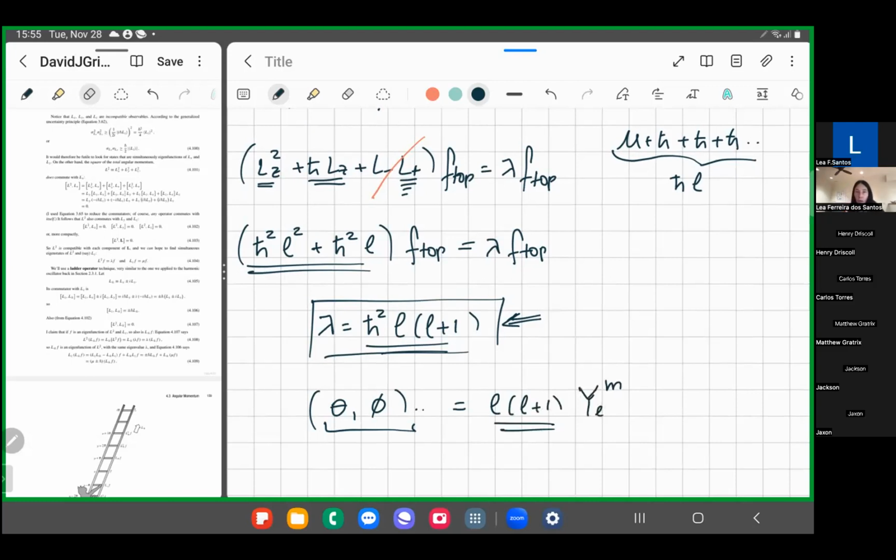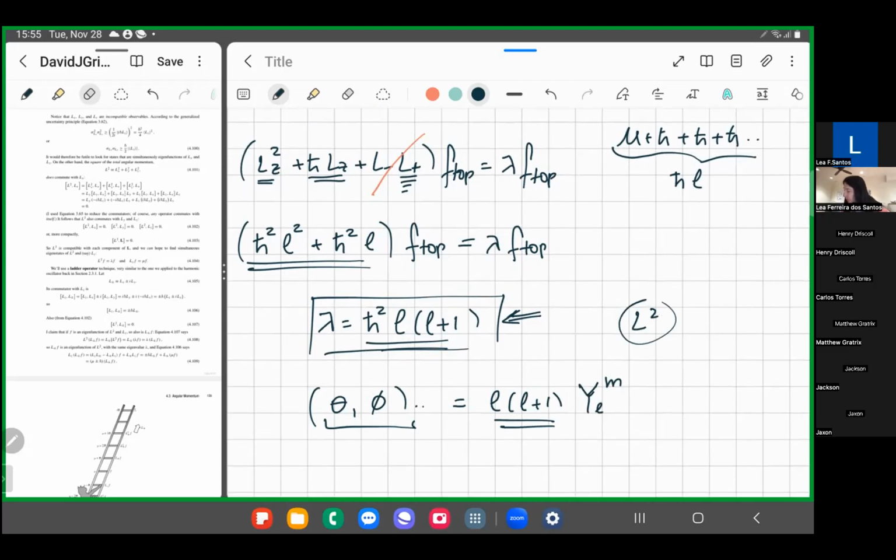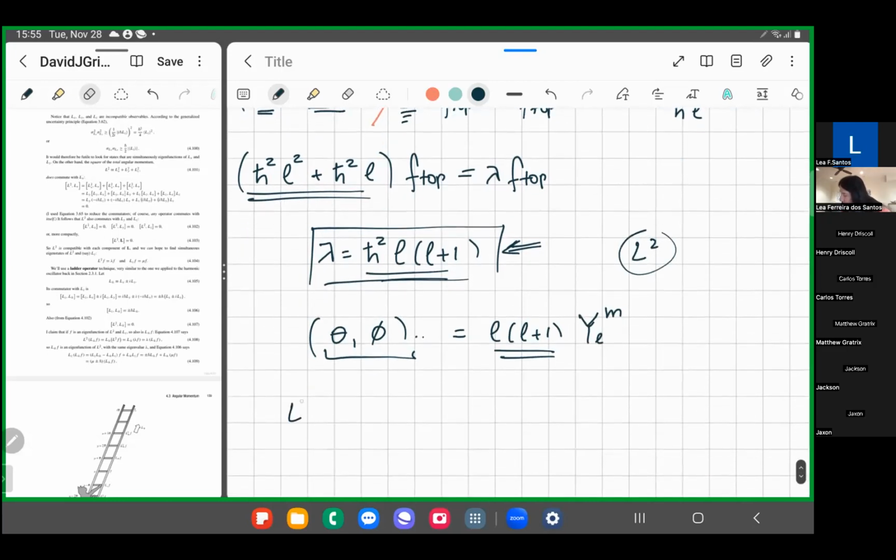And we are seeing this l(l plus 1) showing up again as an eigenvalue of the L squared, of the total angular momentum. So you see where we are heading. Remember what I said: we want to show you that those spherical harmonics are the eigenfunctions of the L squared. But I'll come back to this, I'll show it to you.